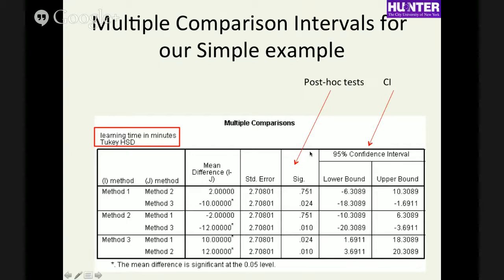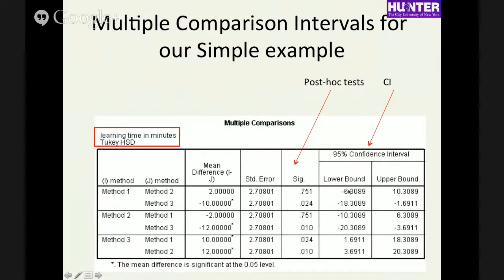Yeah, so these confidence intervals are intervals on the difference in group means. This is the lower bound of your 95% confidence interval on the difference in the mean learning time for people who got learning method 1 compared to people who got learning method 2.